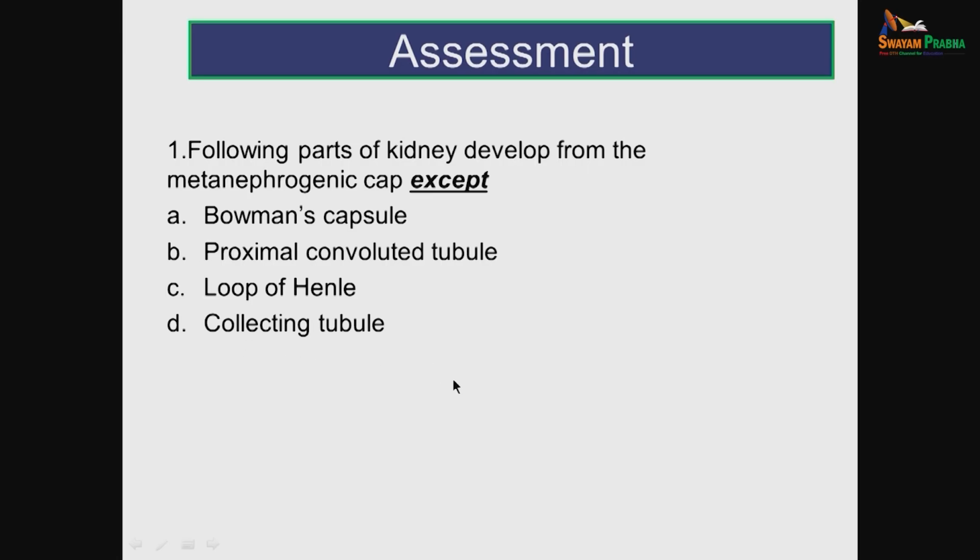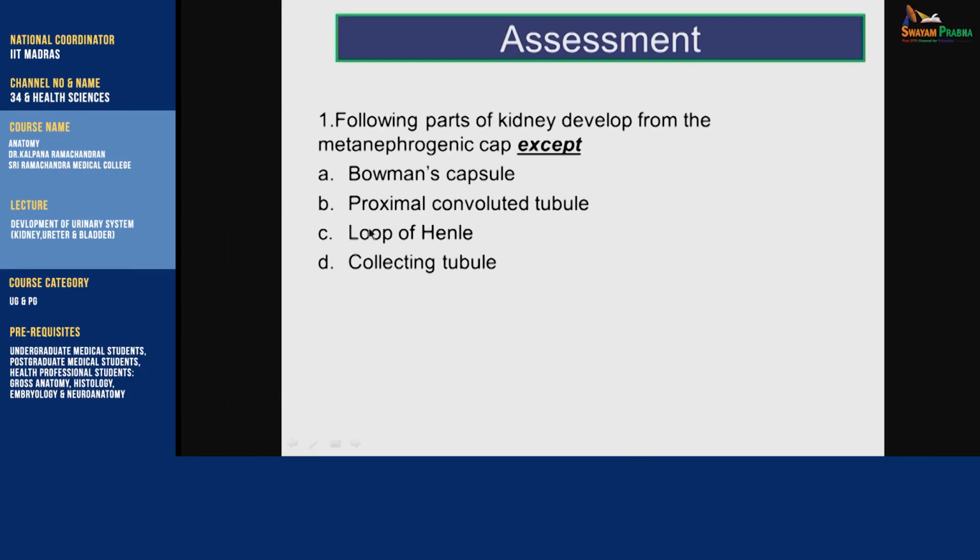The answer is D. Collecting tubule. The reason being A, B and C develop from the metanephric blastema, metanephros, whereas the collecting tubule is going to develop from the ureteric bud.